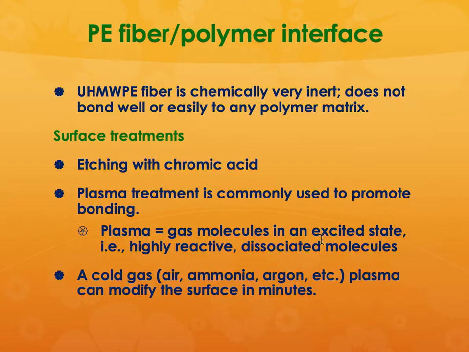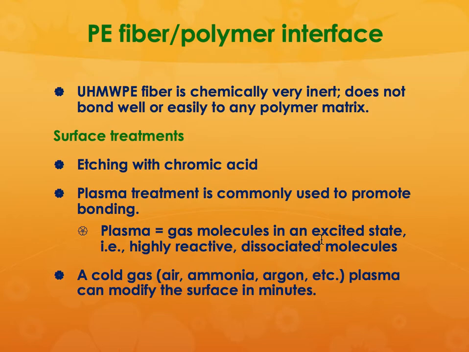If you are going to be taking, say, ultra high molecular weight polyethylene fibers, which is what you get in the market under the trade name Dyneema or Spectra, which is used in bulletproof vests and things like that. So chemically it is very inert and it does not bond well or easily with any polymer matrix.